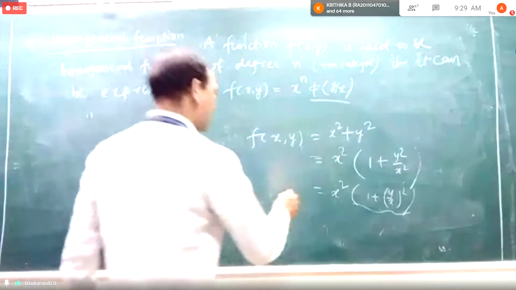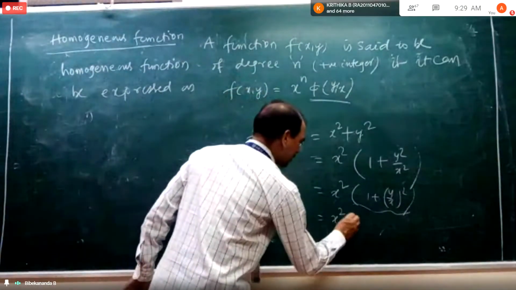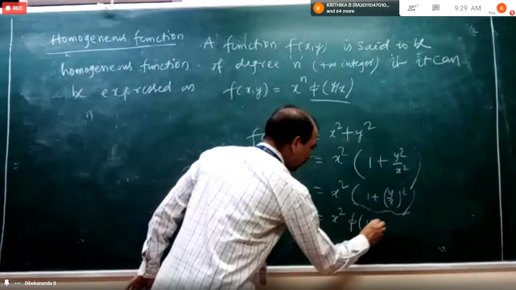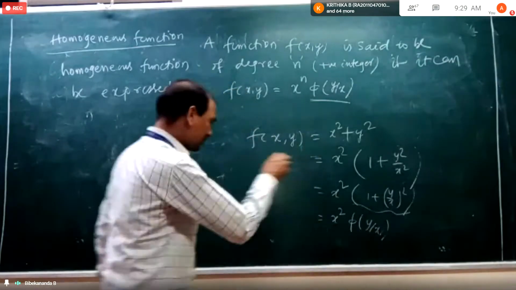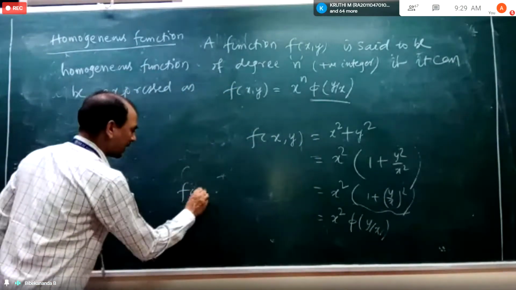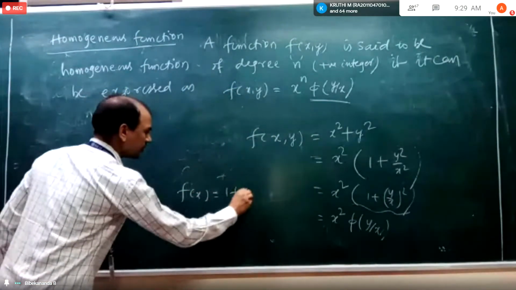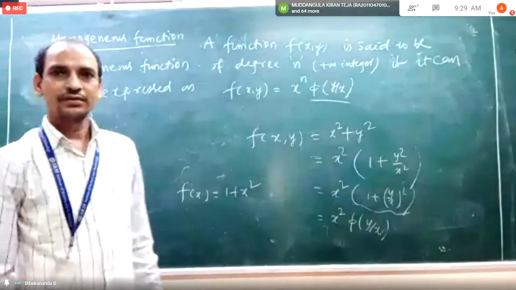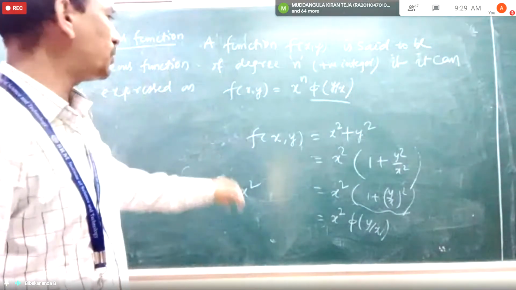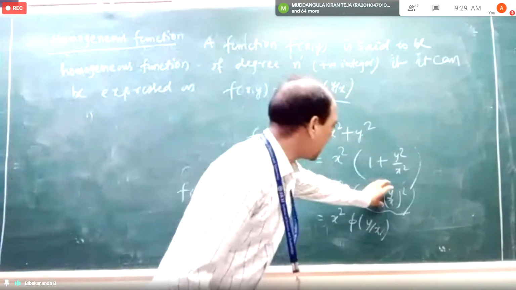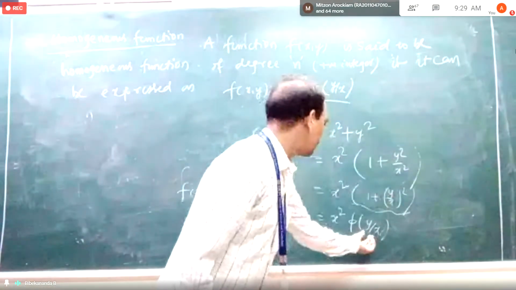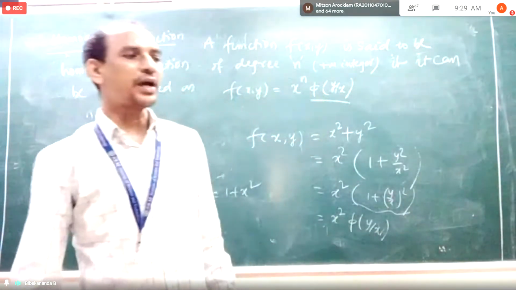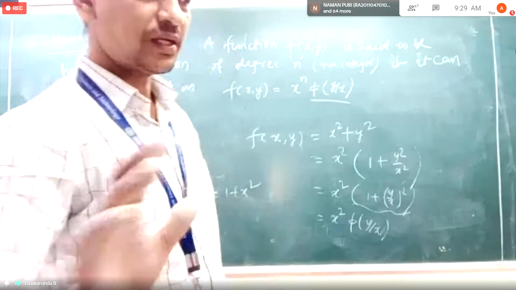So I write it as x square phi of y by x. This is similar to f of x equal to 1 plus x square. In place of x, I am having y by x, so I should have a function phi of y by x.